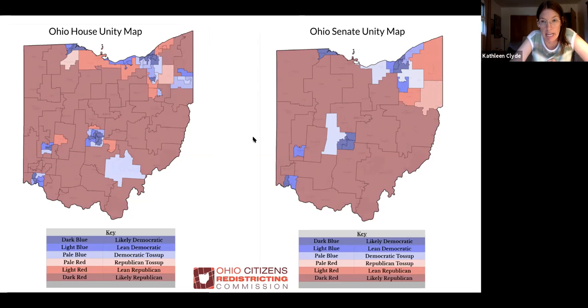In our current map, the one that we're suffering under today, there are all kinds of fragments of municipalities, especially in Hamilton County and in our urban counties in Ohio.